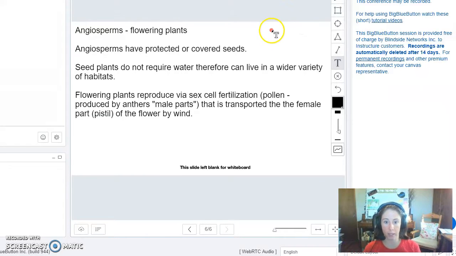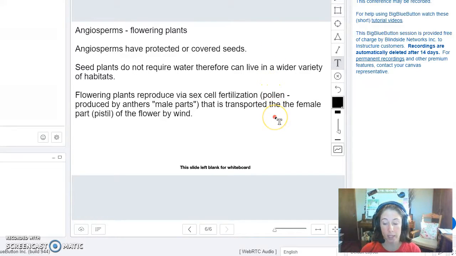Angiosperms have a protected or covered seed, and these seeds do not require water. Therefore, these plants can live in a wider variety of habitats.